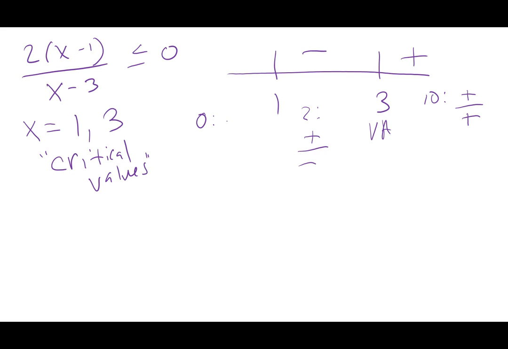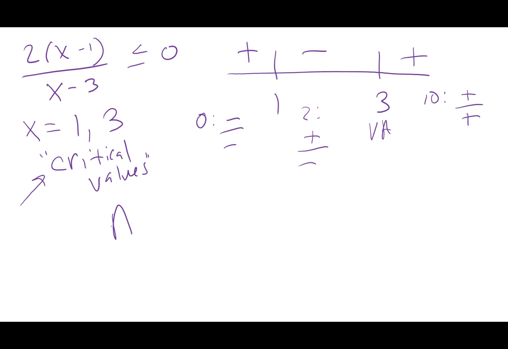If you choose a 0, you're going to get a negative in the numerator, and you're going to get a negative in the denominator. And of course, a negative over a negative is going to yield a positive. So even though you had to find the critical values by not only considering the zeros, but also considering any holes or vertical asymptotes, that was slightly different than the polynomial interpretation, but certainly the sign analysis is similar.